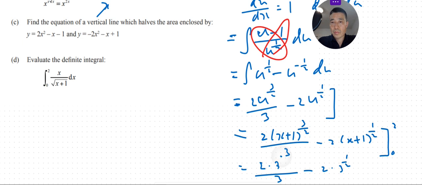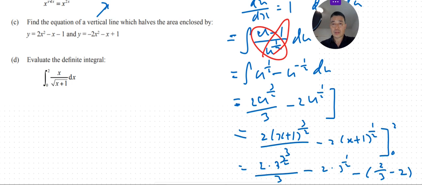And then minus bracket 2 times 1 to the power of 3 over 2, which is just 1. So 2 thirds minus 2 times 1 again, which is 2.